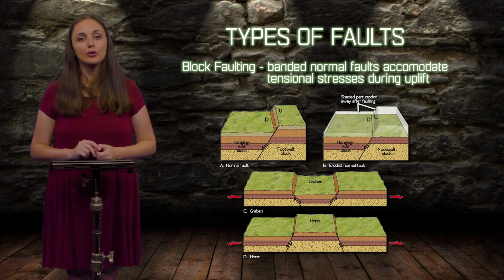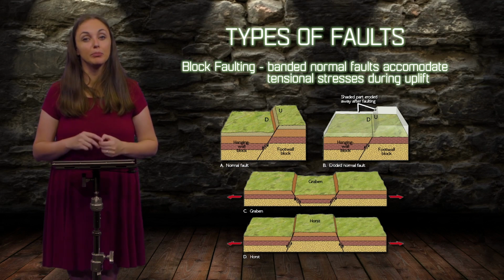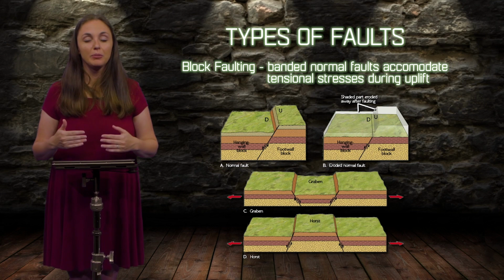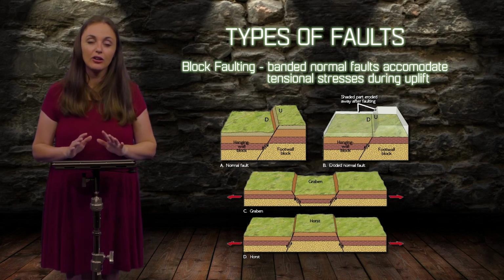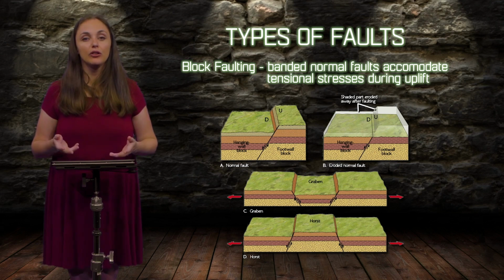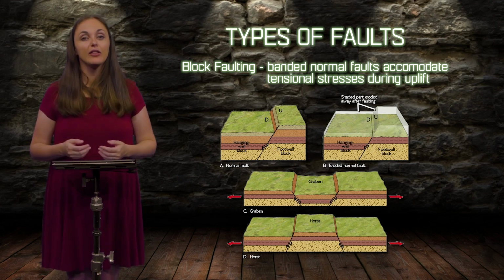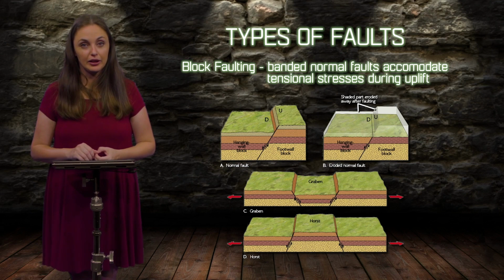The thing about Horst and Graben structures and block faulting is that these faults are usually going to be fairly high angle, 70, 80 degree angle, and they're going to accommodate most of the actual vertical uplift that associates with mountain building.